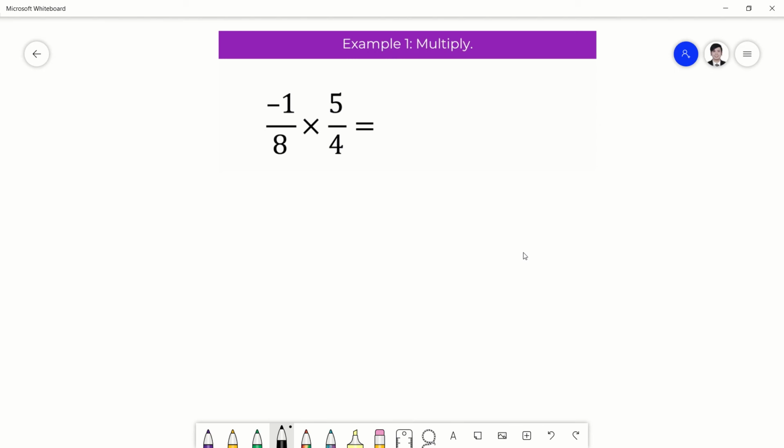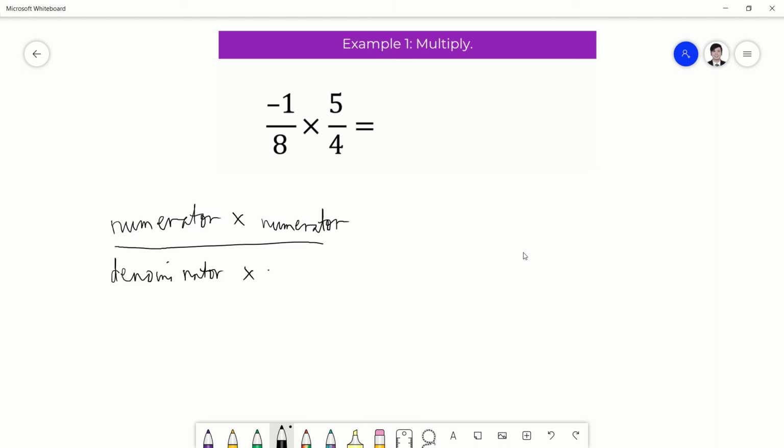Before anything else, always remember that when we multiply fractions, that would simply be numerator times numerator and denominator times denominator.